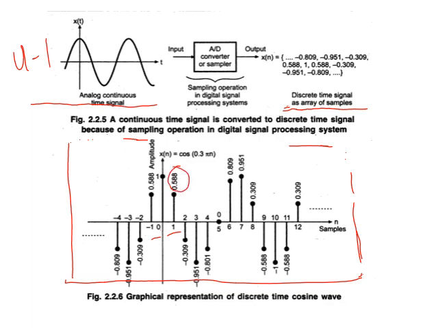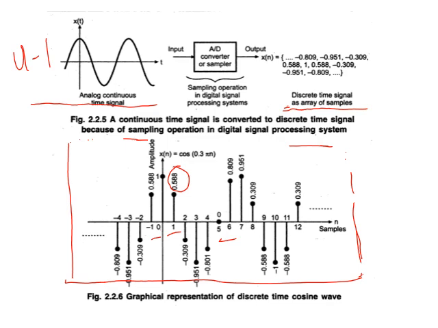Then between 5 and 6, at 5 the value of amplitude is 0, and at 6 the value of amplitude is 0.809. So between 5 and 6 there are no values.